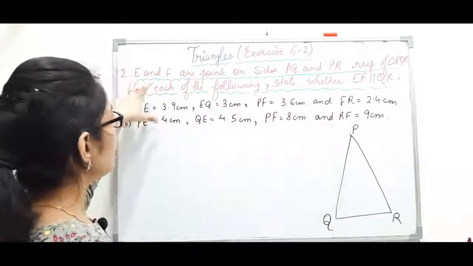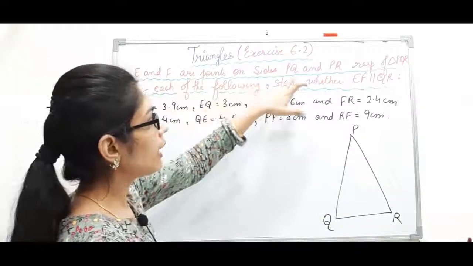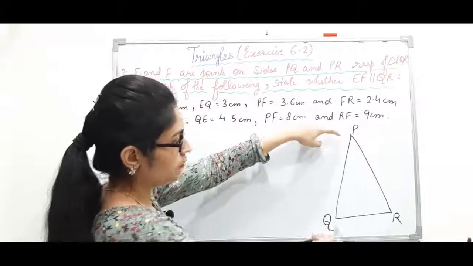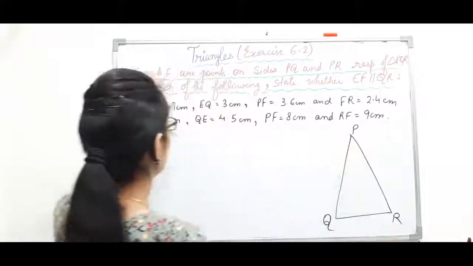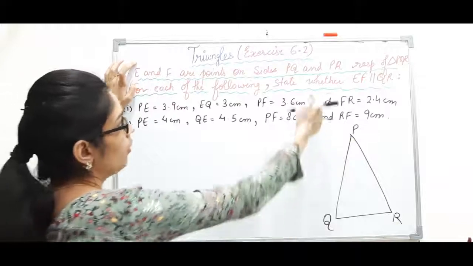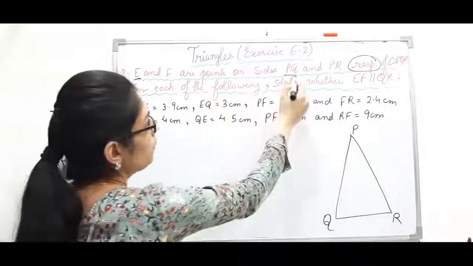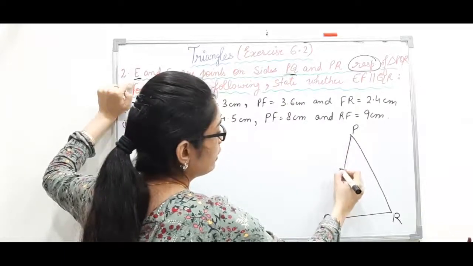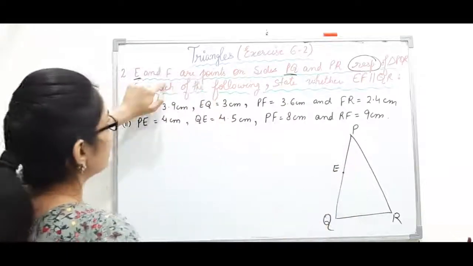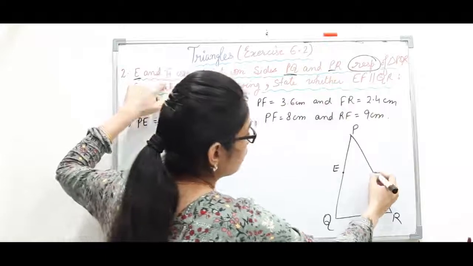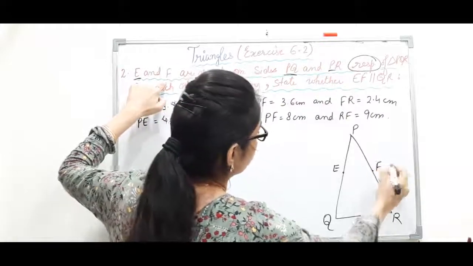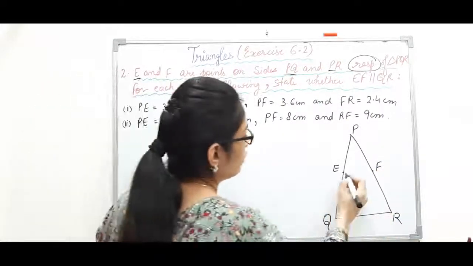Now they have mentioned E and F are the points on sides PQ and PR. So we have to see PQ and PR sides and draw these points. Here it's written respectively, which means E is a point on PQ. So let's mention E, and F is a point on PR. So here we will mention F. So we can join this.